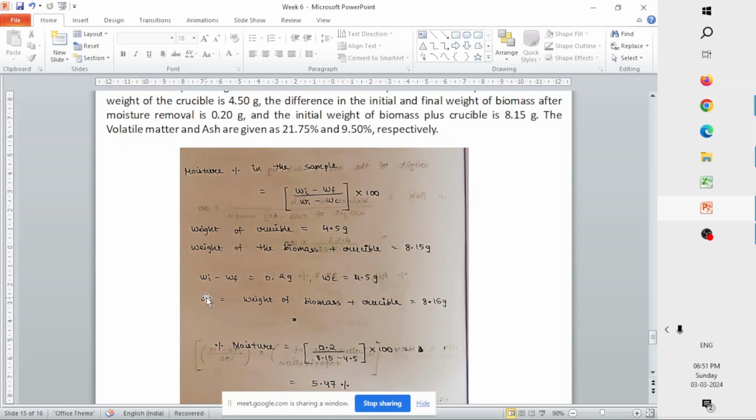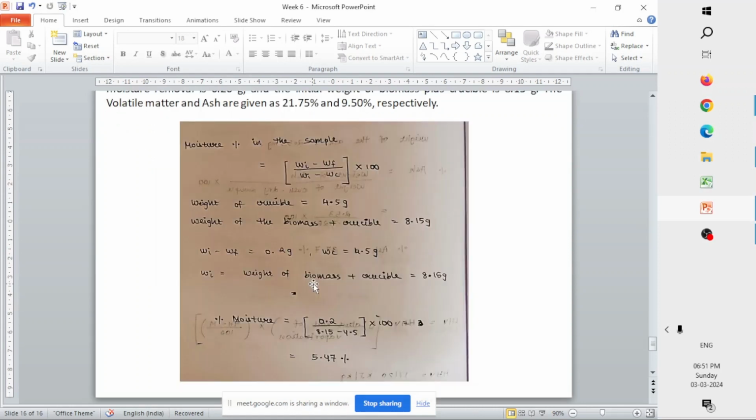So Wi over here is the weight of mass plus crucible, that is 8.15. To get the initial weight of your biomass, it will be 8.15 minus 4.5, and since the difference is already given to you as data, Wi minus Wf will be 0.2.